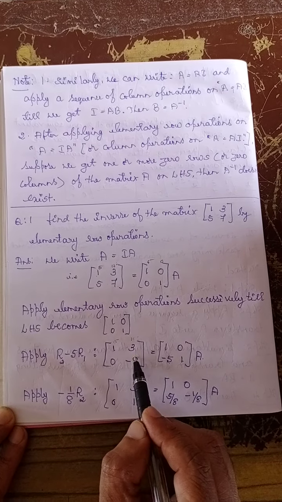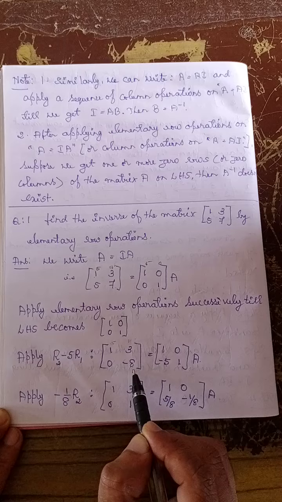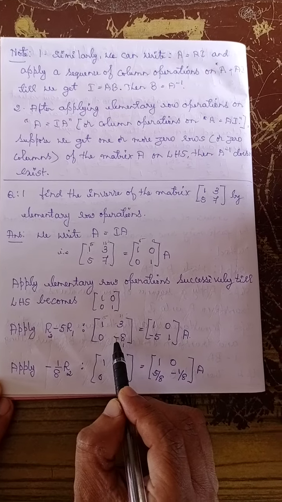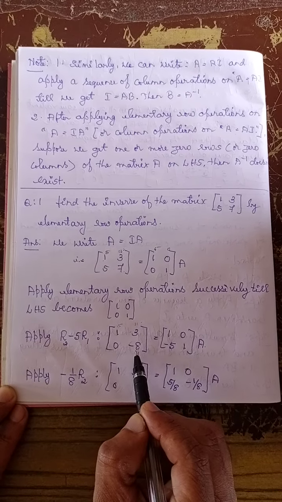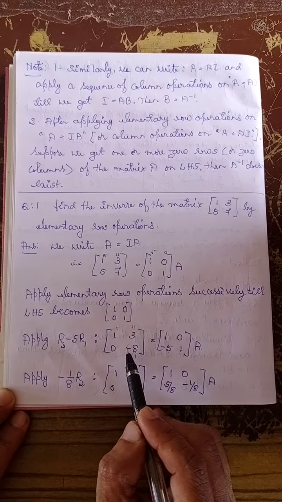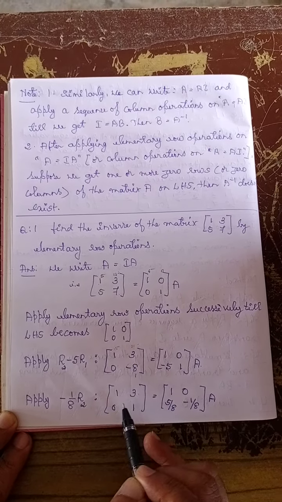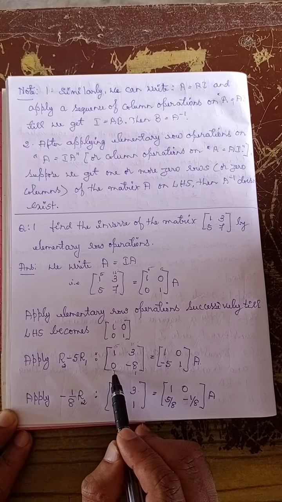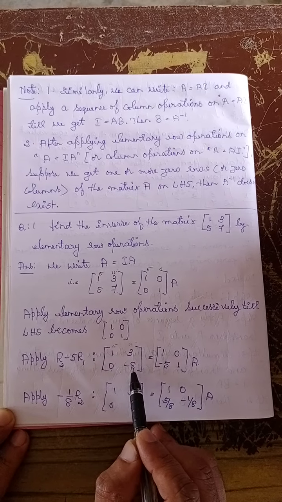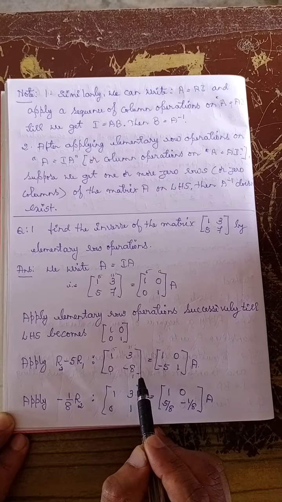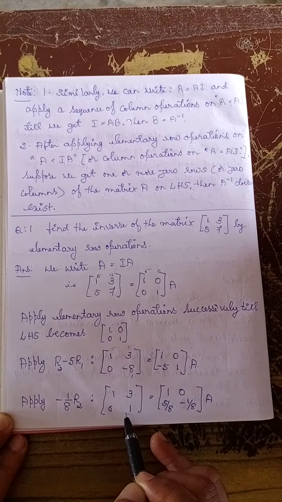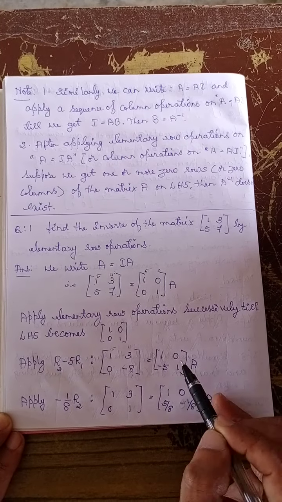Here we want the element to be equal to 1, therefore to get 1 we have to multiply by minus 1 by 8. So we have minus 1 by 8 into row 2. The first row remains the same as 1, 3, 0 into minus 1 by 8 is 0, and minus 8 into minus 1 by 8, minus into minus is plus, 8 into 1 by 8 is 1. The right hand side is 1, 0.